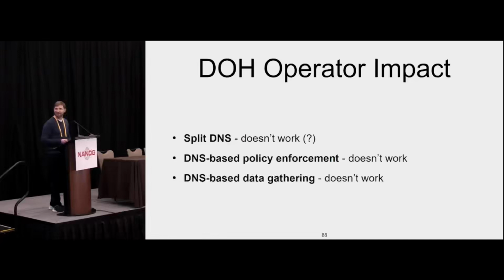But in general, policy enforcement and data gathering, unless you're controlling the DNS server in question, are going to break. Certainly the ability to passively look at what DNS host names are being visited goes away. So of all the things I've discussed, it's possible this has some of the largest operator impact for different types of operators.